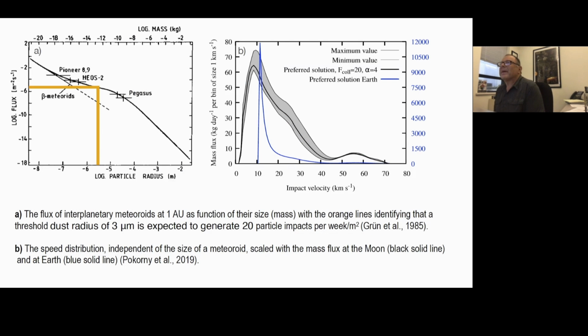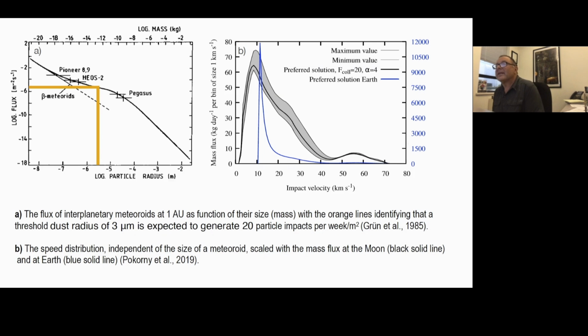So what is the expectation that we think we know? That is in situ measurements of dust impacts by instruments carried on spacecraft like Galileo and Cassini, and even earlier ones like Pioneer 8 and 9 and so forth. And of course, also the Long Duration Exposure Facility that was up for several years, and then panels were brought back and we looked at the craters that were left behind.